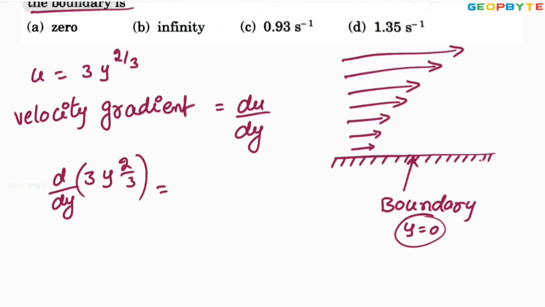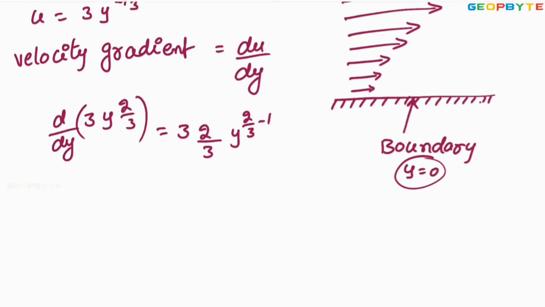Simple mathematics, school level mathematics. 3 is a constant. It is n into x power n minus 1, so 2/3 into y power 2/3 minus 1. It is like this: d by dx of x power n equal to n into x power n minus 1. That form.